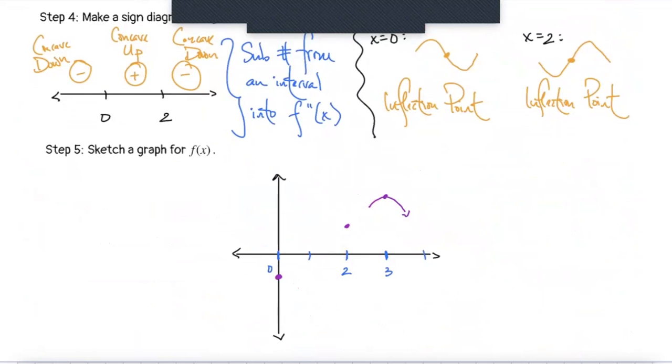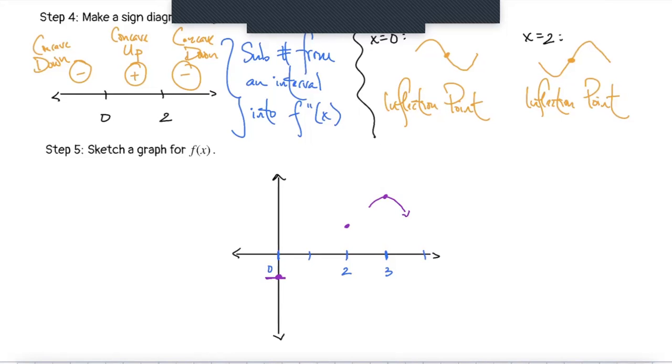I can only go from here to here with a positive slope because that's what the first derivative test told me. I do have to make sure that the slope at 0 is flat though.